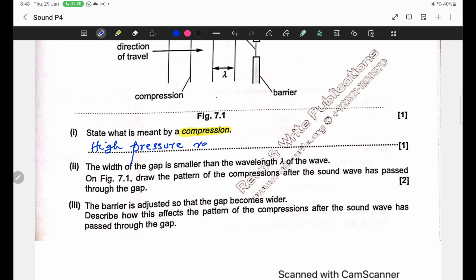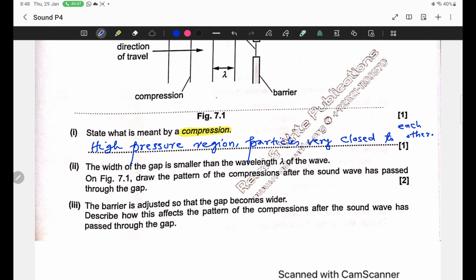Compression is a high pressure region and particles of the medium are very close to each other. So when particles are very close to each other, then it is compression.